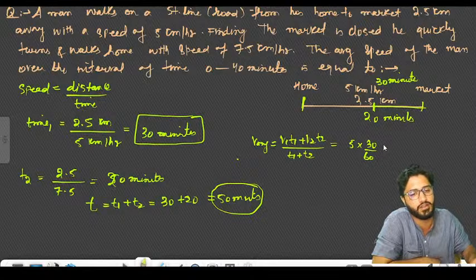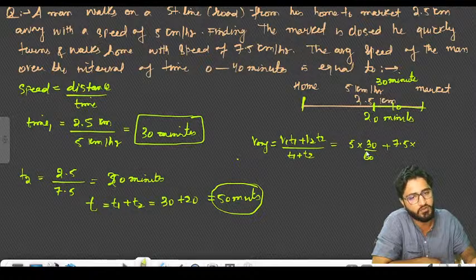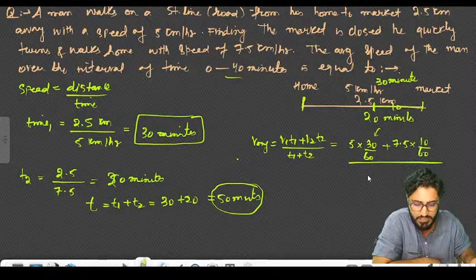Plus V2, which is 7.5, multiplied by only 10 minutes, because 30 plus 10 is 40. So 10 divided by 60. Whole divided by total time, which is 40 divided by 60.